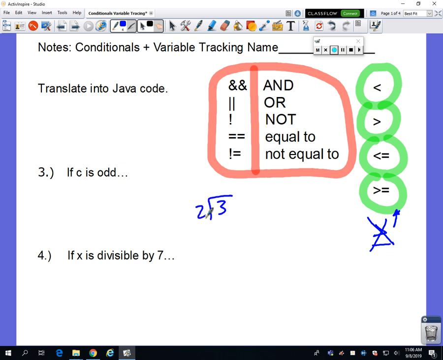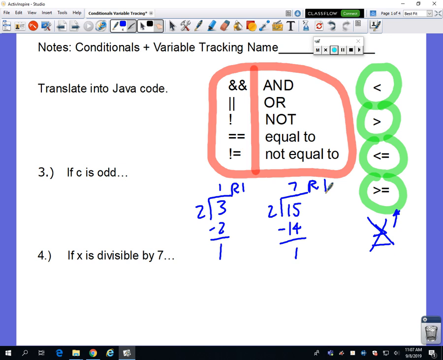If I divide 3 by 2, that's 1, remainder 1. Let's try a different number. 15 divided by 2 is 7, remainder 1.